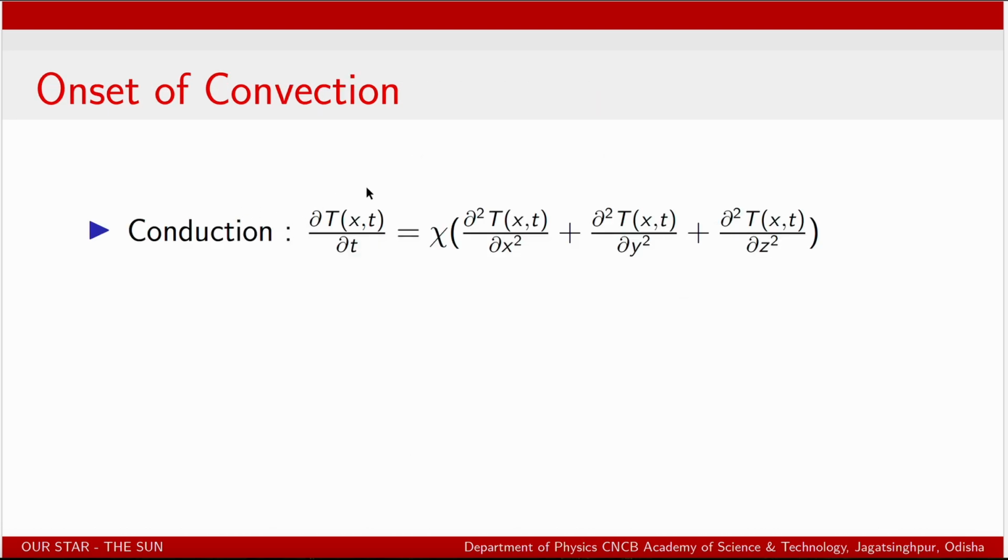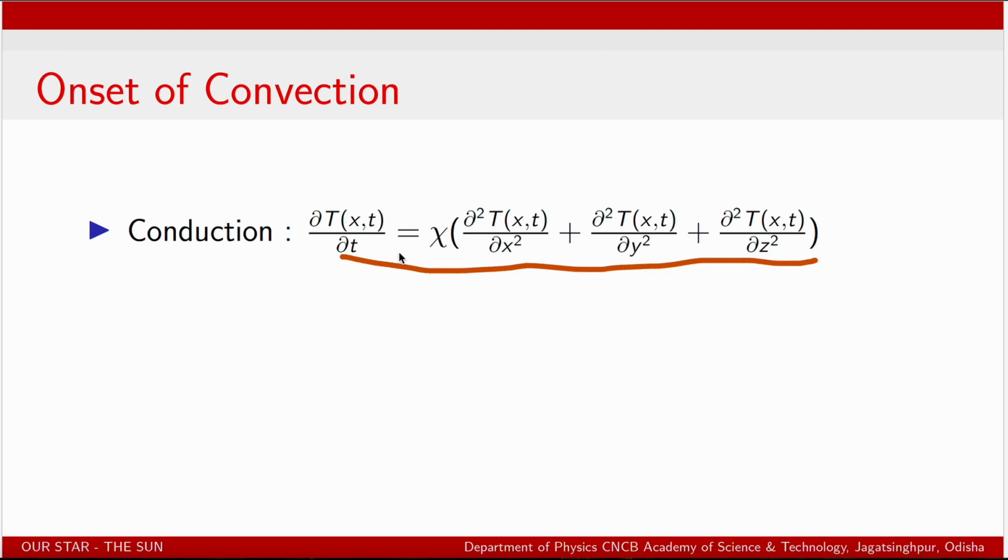Onset of convection. So why does convection start? Initially, if the temperature difference is very small, what we have is diffusion. The temperature of the fluid is governed by a diffusive process. This is the typical diffusion equation that we have encountered before, isn't it? So the temperature satisfies the diffusion equation, and this is a kind of diffusive constant.